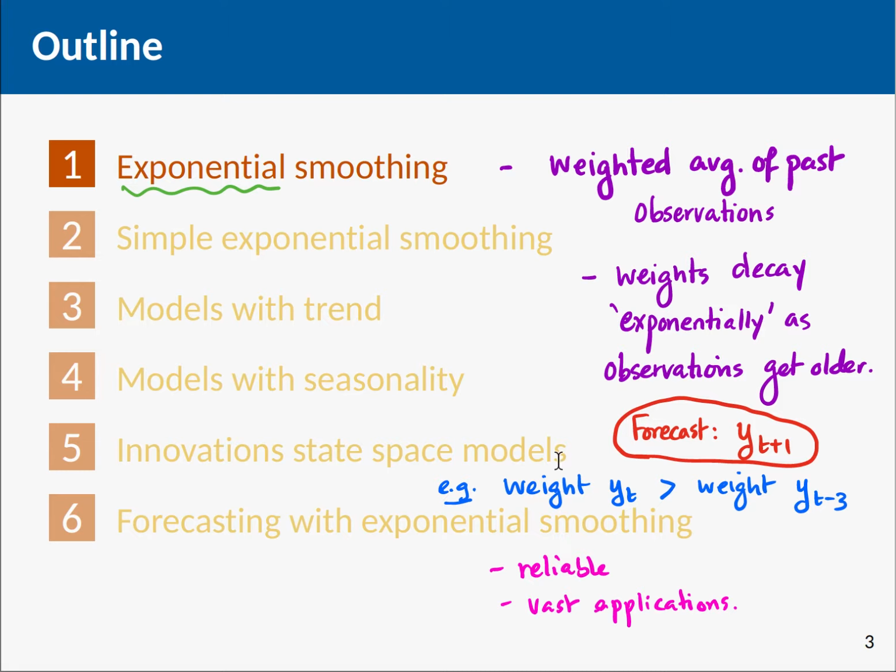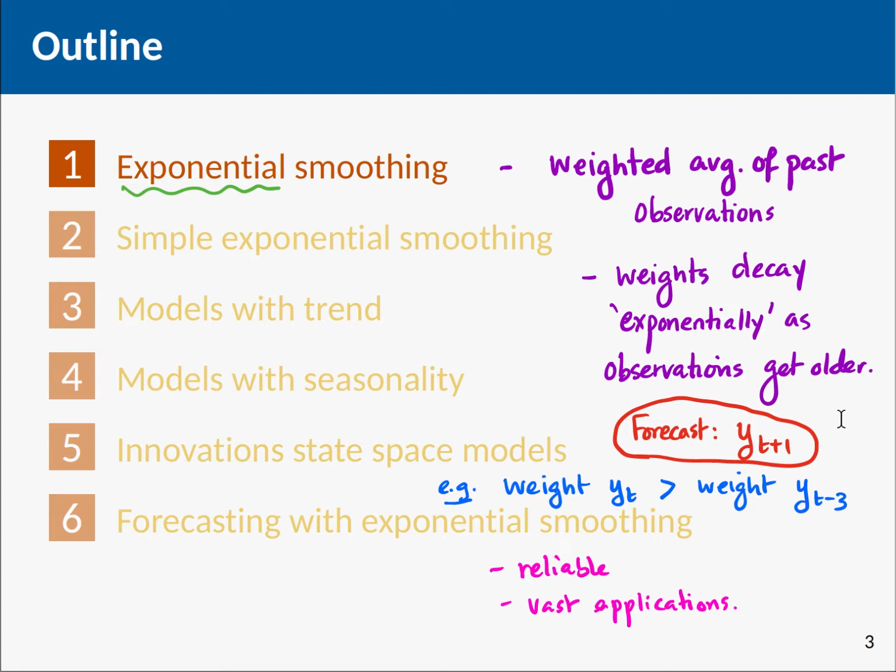Now, what exponential smoothing methods would do is that they would assign a higher weight to an observation that is more recent, like y_t, because that's in our information set, and a lower weight to an observation that was, let's say, 3 periods ago, right? So as the observations get older and older, the weights that these models give to those observations are going to get smaller and smaller, exponentially smaller.